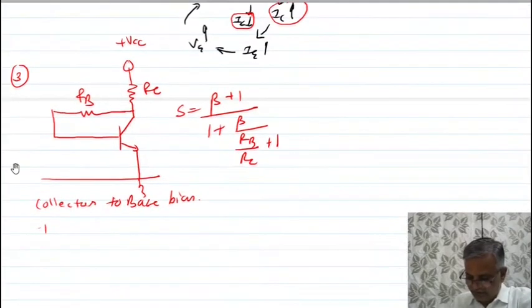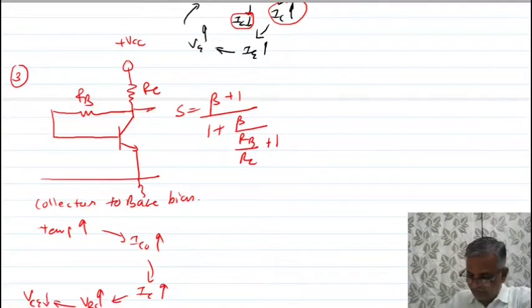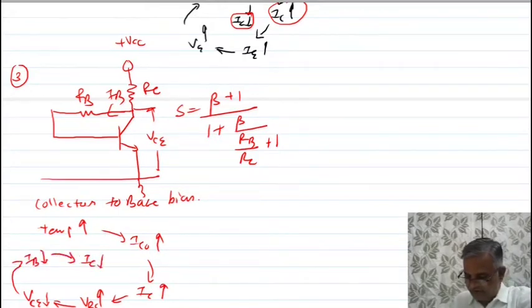So here it is the same thing. As temperature increases, leakage current increases, so IC increases, the voltage across RC increases, and VCE decreases. So base current decreases, so collector current decreases.